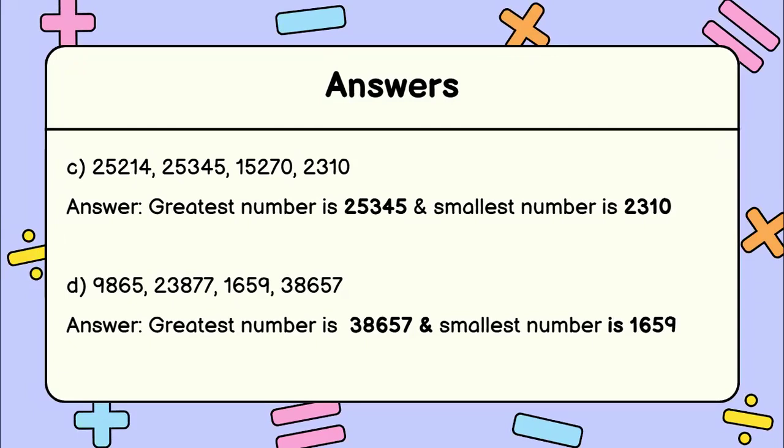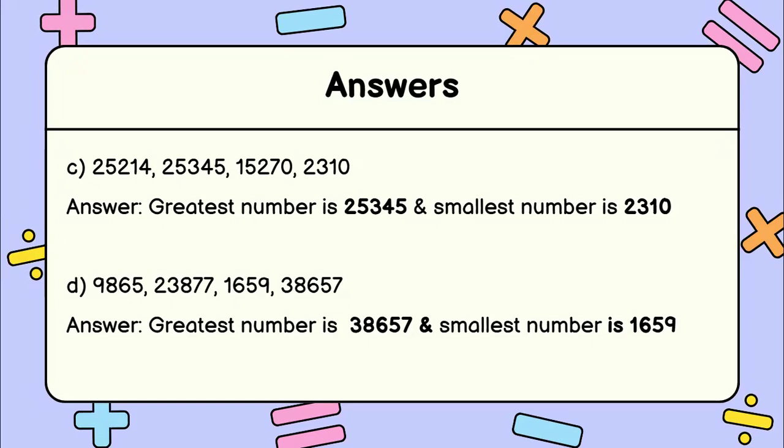Let's see for the C sequence. We have the numbers 25,214, 25,345, 15,270, and 2,310.